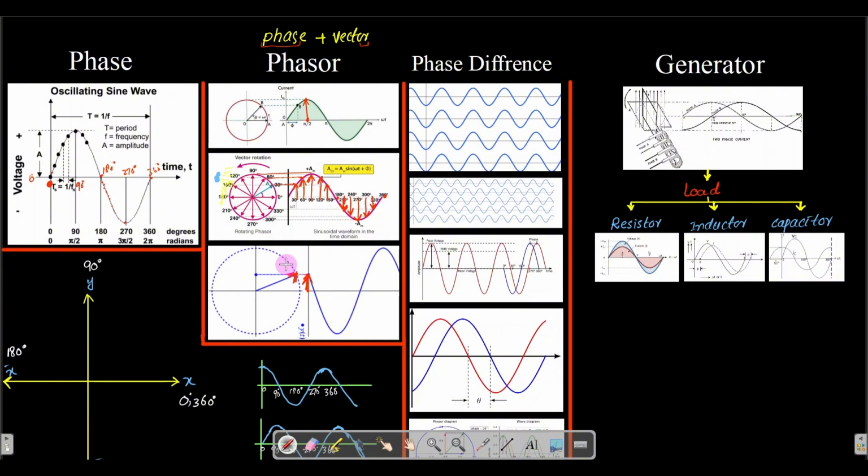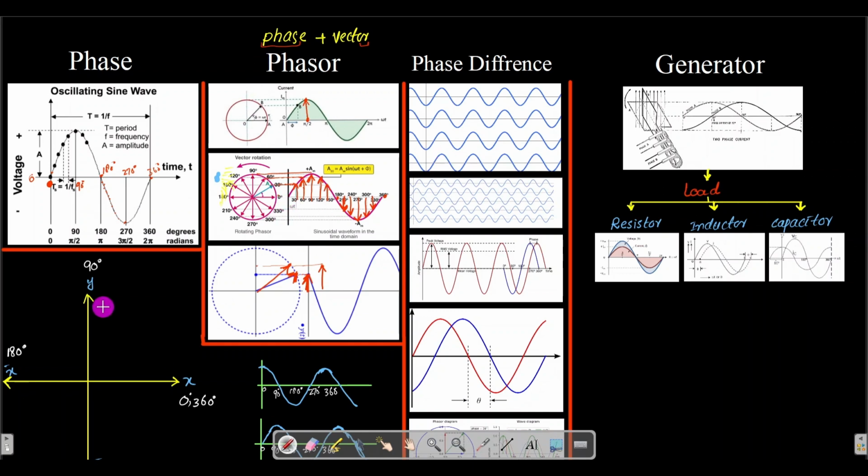Okay, so if it comes here, the shadow will now be this, and here it will make this amplitude, and for each position it will make that. Okay, so this was about the phasor. Phasor is actually the graphical representation of the phase.